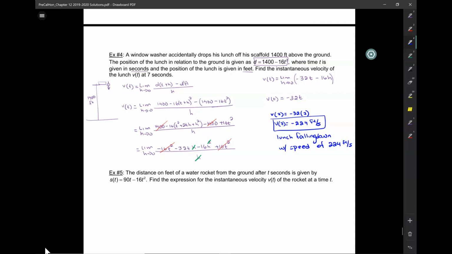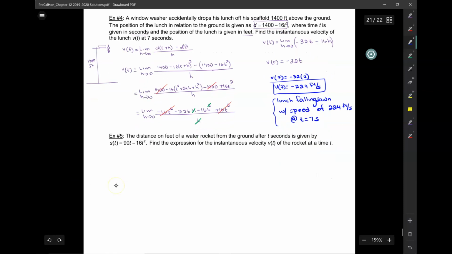If you said it's traveling, then you would say with a velocity of negative 224. But once you said it's falling down, then it's with a speed of positive 224. All right? And when is this happening? At t equals 7 seconds. That part is just as important as your answer as we're moving to calculus.